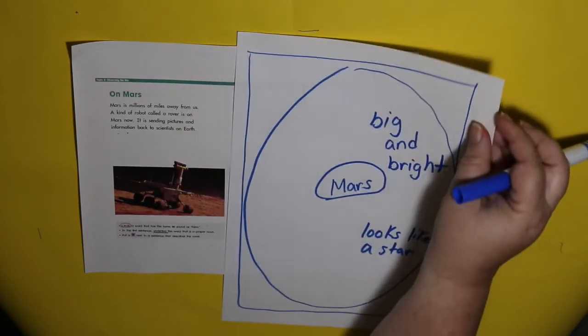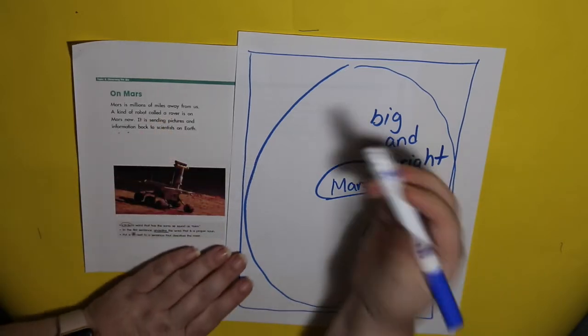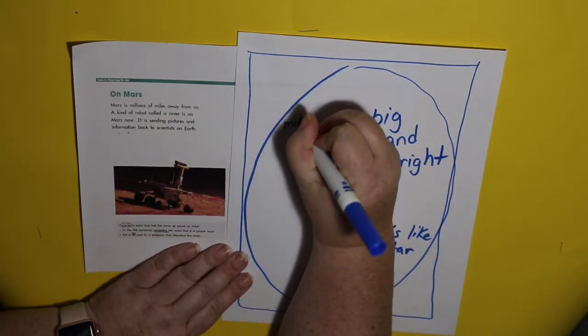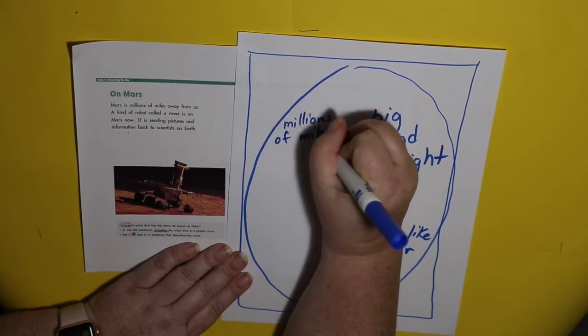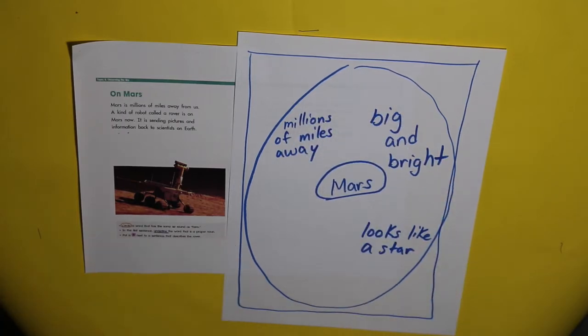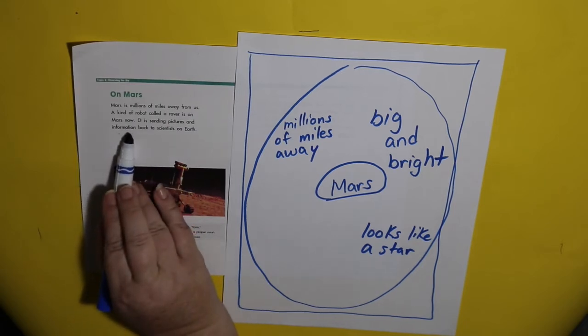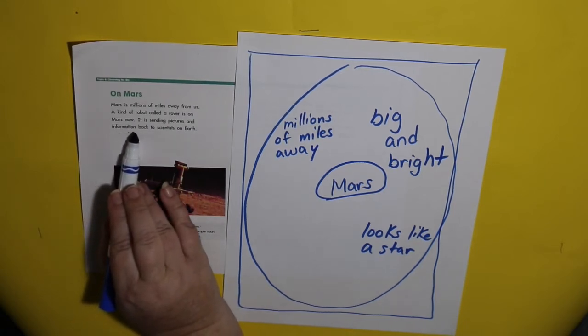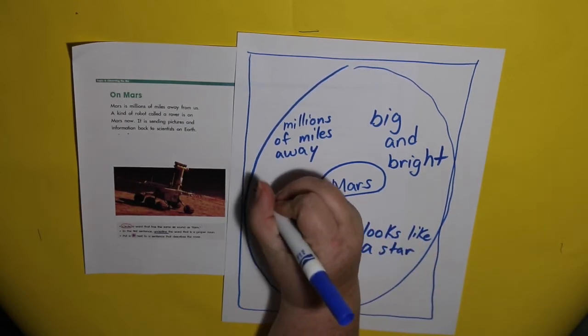So already I can see some things that we learned about Mars, and the very first sentence tells us something. It says Mars is millions of miles away from us. So I'm going to write that down. Millions of miles away. So it's a very, very long way. We could not get there by ourselves. I also learned that there's a robot on Mars, and it's studying it.